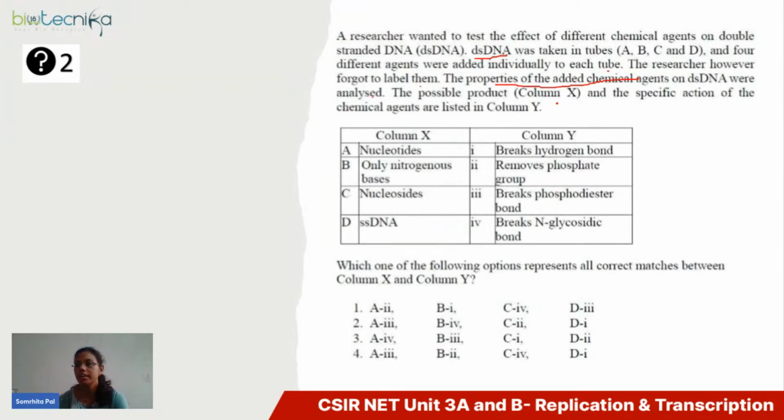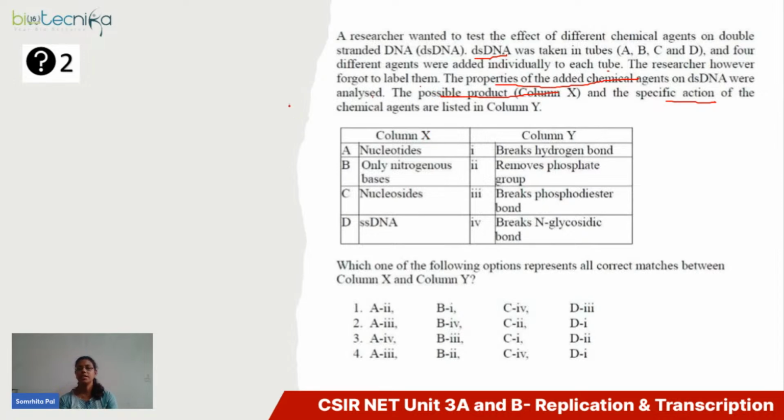The possible product, which is in column X, and the specific action of the chemical agents, listed in column Y, you have to correctly match. If you find it hard to match from X to Y, you can go from Y to X if it is easy for you.